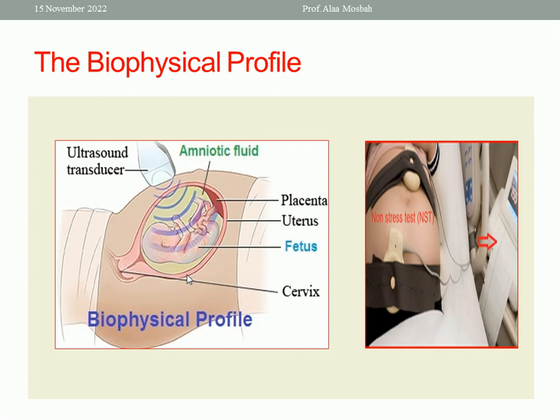So all these are the 3 items, if positive, taking 2 in the score, each one. And the amniotic fluid, if it is normal, taking 2. So this is 8 points up till now, and another 2 for non-stress test. So the total score is 10.